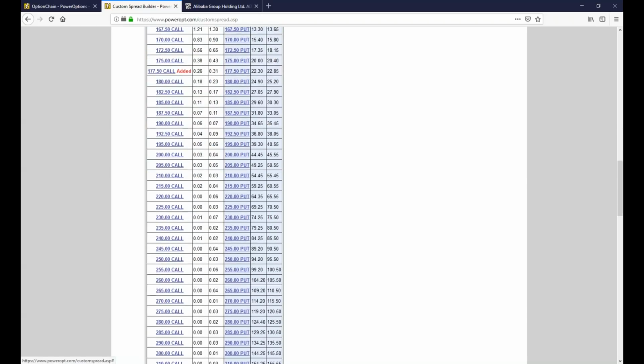The problem is you're going to have to put up $17.50 of margin, right? Because you own the 177.5 call. We're selling the 160 with the stock at about 155. So where does that leave us? It leaves us in a bear call spread at 17.5 points. So for one contract, I'd have to put up $1,775 to cover the margin.